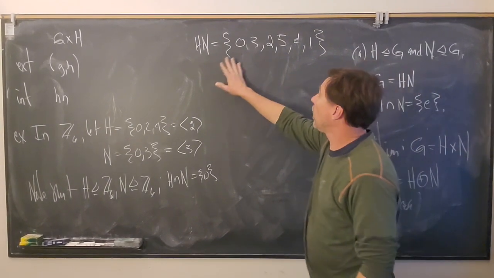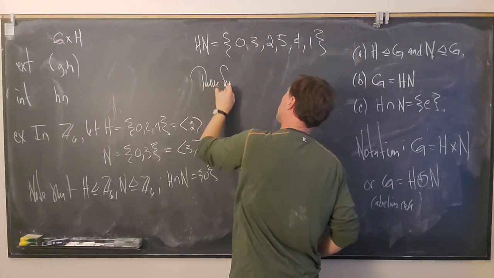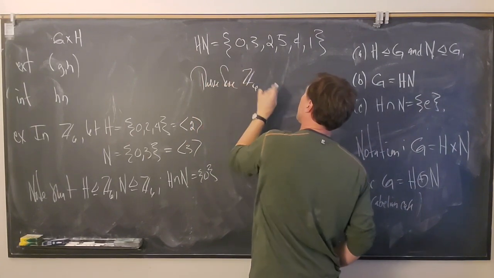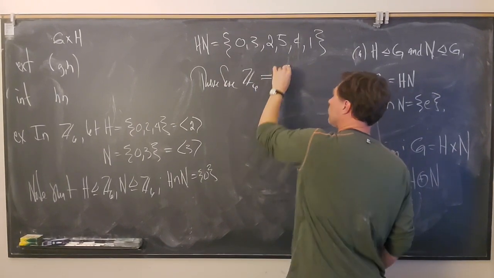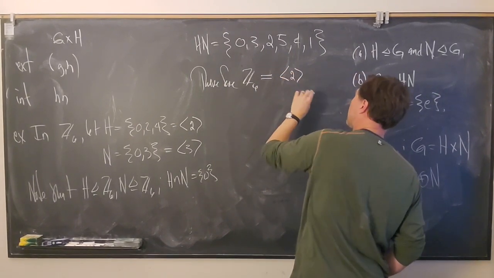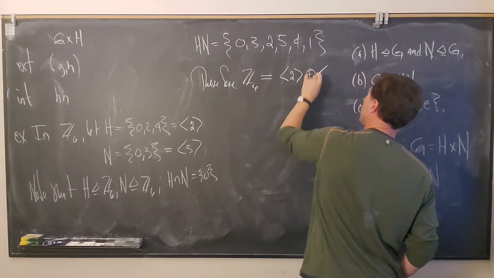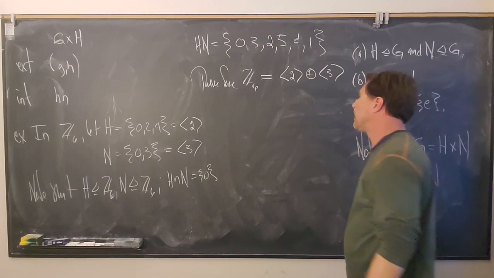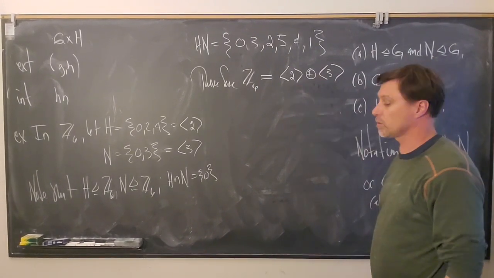And so what we see then is that Z6 is the internal direct product of these subgroups, and because it's abelian, we would write it like this. So it's the internal product of those two subgroups.